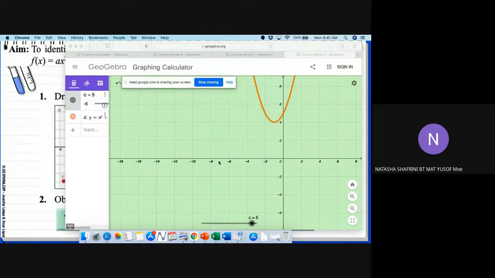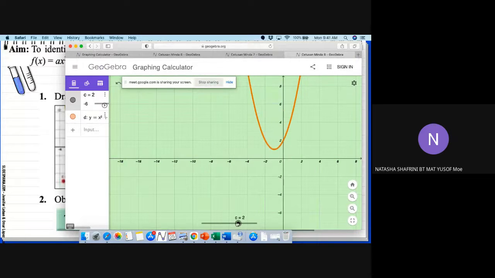Okay. So, kalau cikgu naikkan C, okay, apa jadi dekat graph? Cikgu naikkan C. Okay, sekali lagi. C daripada kosong, cikgu naikkan value C. Okay, what happened to the graph?